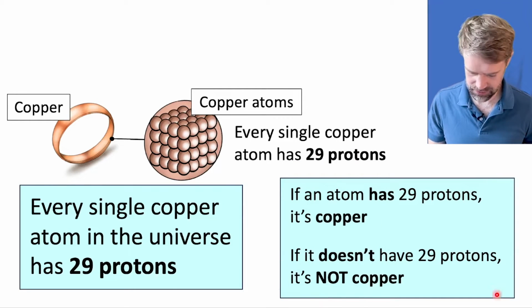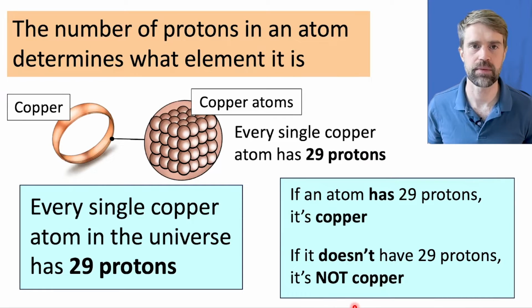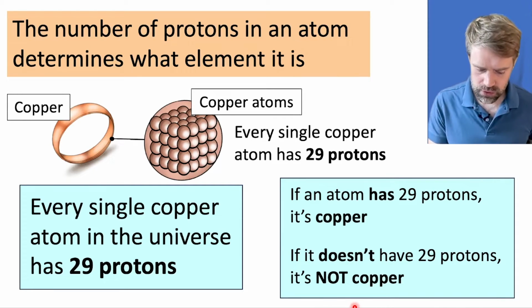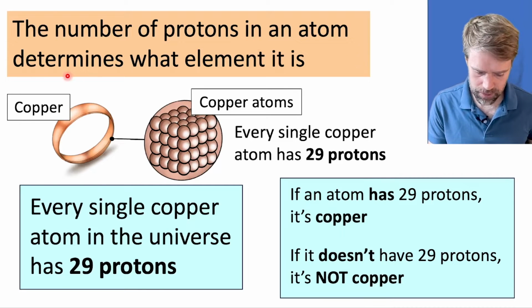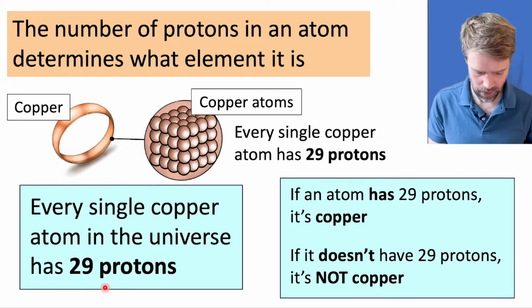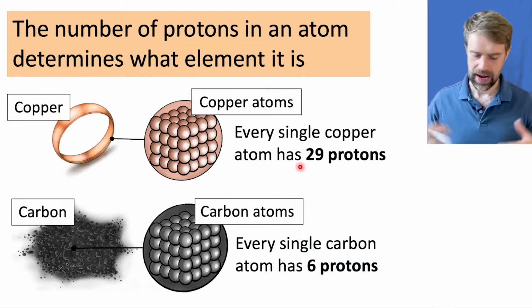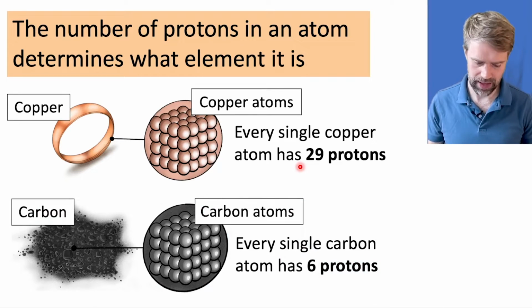And if it doesn't have 29 protons, it's not copper. Simple as that. And so the number of protons in an atom determines what element it is. It tells you what element it is. If you have 29 protons, you are copper.